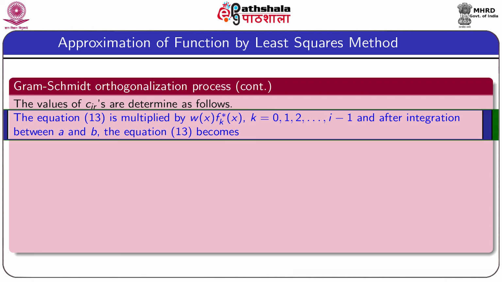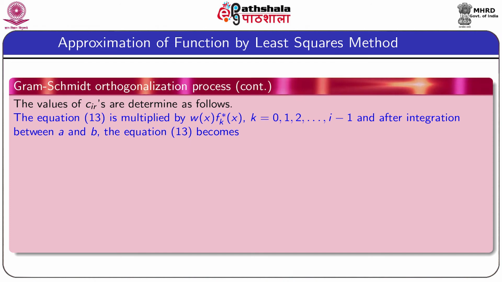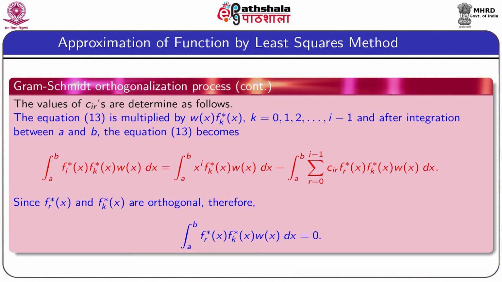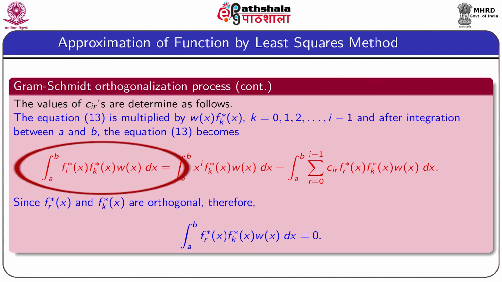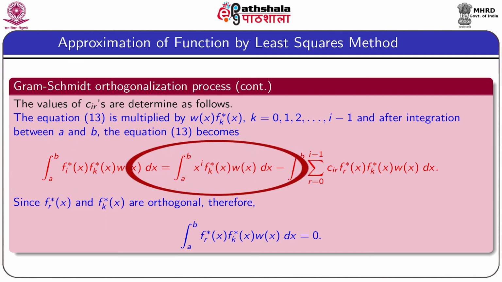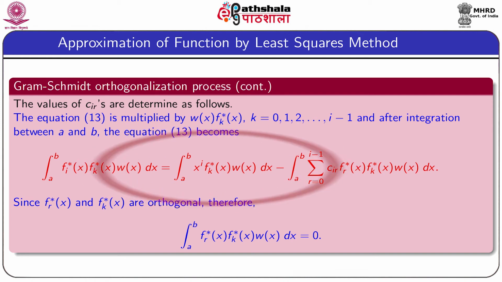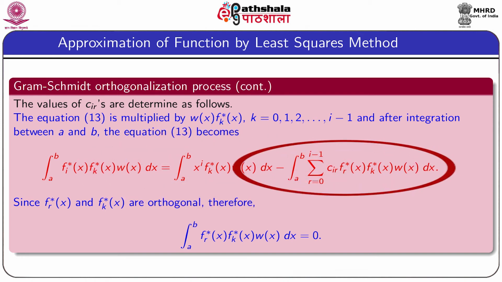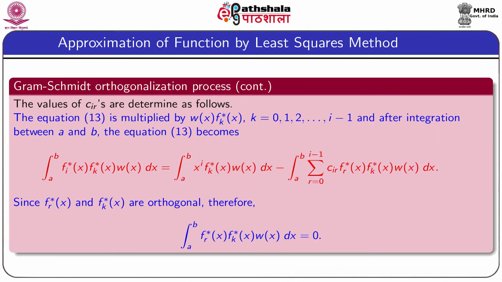Equation 13, that means the equation mentioned in the previous slide, is multiplied by w(x) into fk star x, where k equal to 0 to i minus 1, and after integration between a and b, equation 13 reduces to integration a to b fi star x into fk star x w(x) dx equal to integration a to b x to the power i fk star x w(x) dx minus integration a to b summation over r equal to 0 to i minus 1 cir fr star x fk star x w(x) dx.